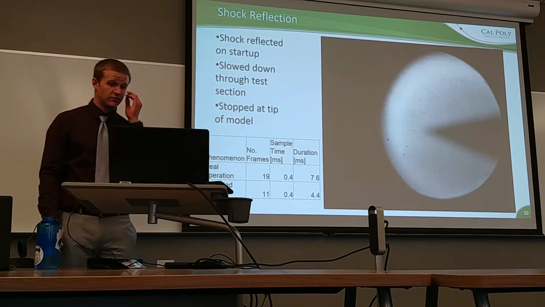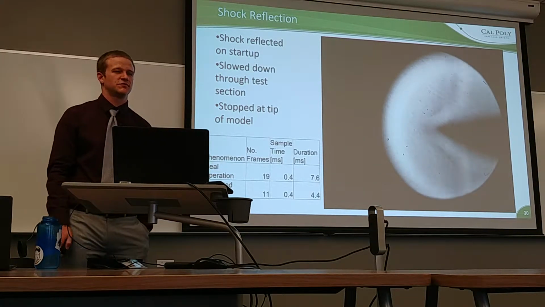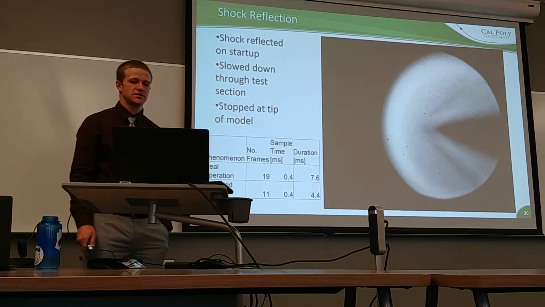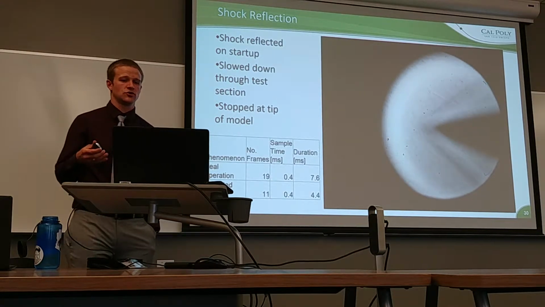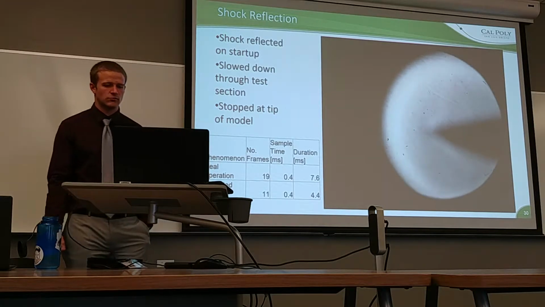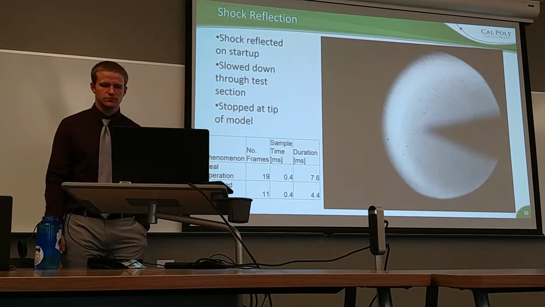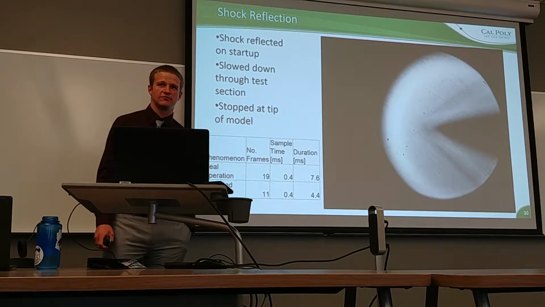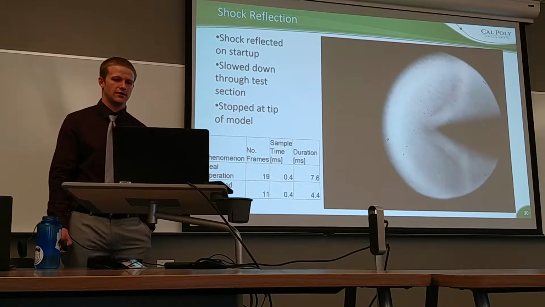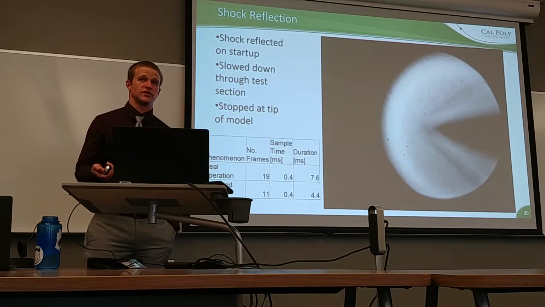What I found was that after exactly 7.6 milliseconds of operation, a traveling normal shock came back through the test rhombus. That normal shock acted for about 5 frames, so probably only about 2.5 milliseconds or so. Then shortly thereafter, the flow began to restart again.